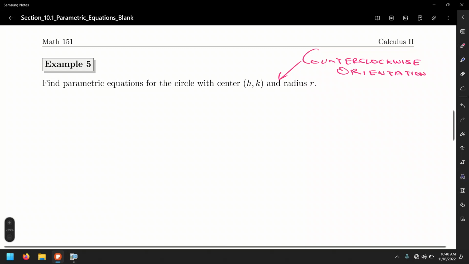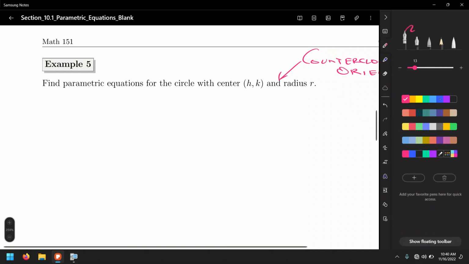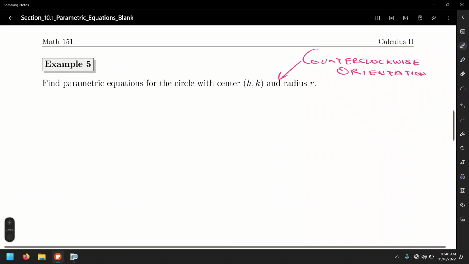So we're going to start with the general equation for the circle. That is (x minus h) squared plus (y minus k) squared equals r squared. So that's the equation of a circle in general form, centered at (h, k) and having a radius r, which gets squared upon writing it in the equation.